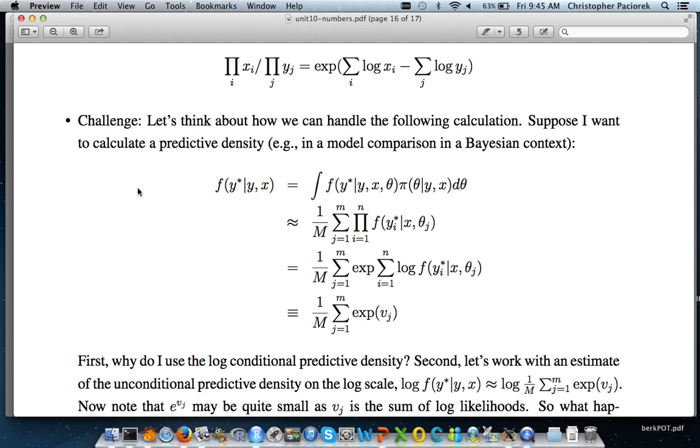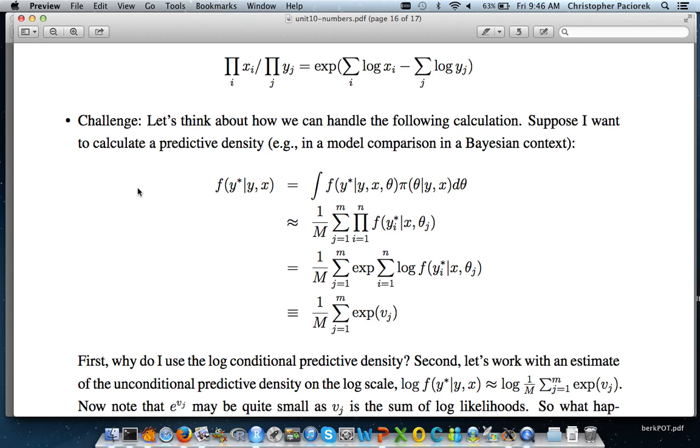So I can't actually do this product naively, because I'm going to get an underflow, a number that's less than 1 times 10 to the minus 308.